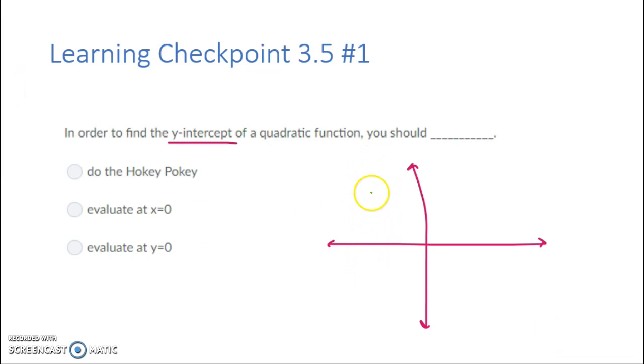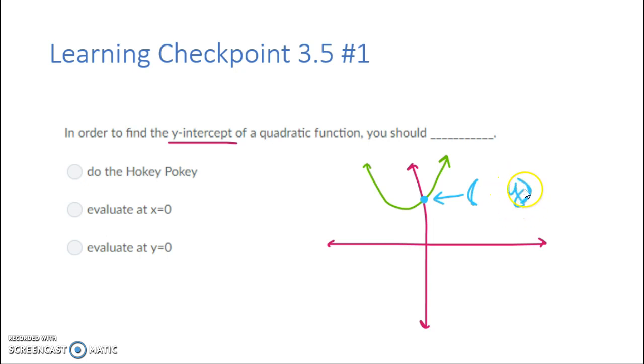So I'm just going to make up some random quadratic graph. Quadratic graphs look like little U shapes. They're called parabolas. And the y-intercept is the location where you cross the y-axis. So that's going to be our y-intercept right here, and we're going to just write the coordinates of it.